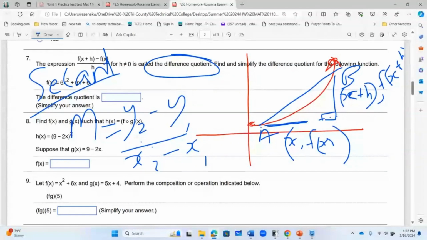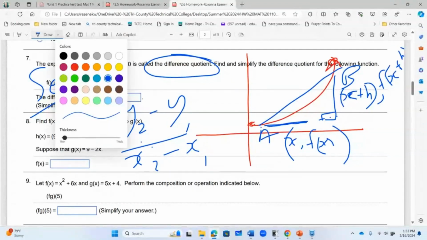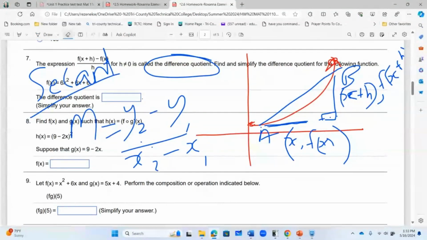But you know that y2 is the same as f of x plus h. So I will actually, with your permission, change y2 and y1 to their function notations.